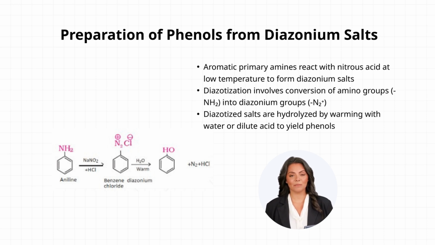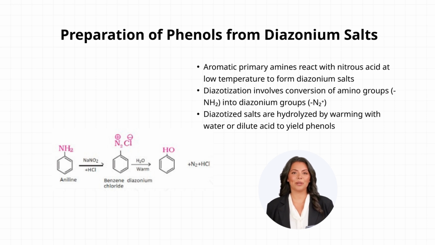At very low temperatures, between 273 and 278 Kelvin, we add sodium nitrite, NaNO2, and hydrochloric acid, HCl, to aniline. This forms benzene diazonium chloride, where the amino group is converted into a diazonium group, which is N2+. The salt is positively charged on the nitrogen and paired with a chloride ion.